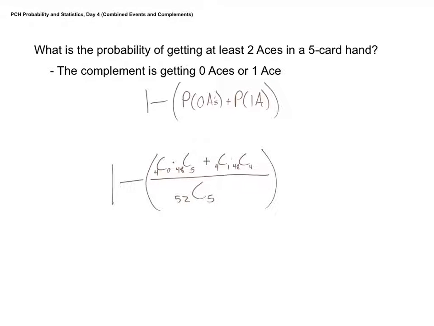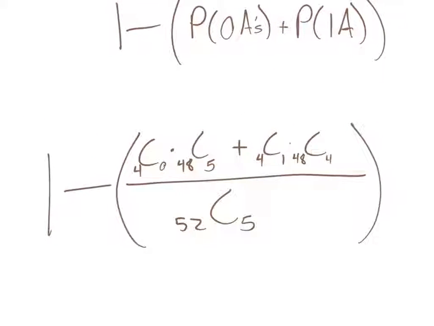Okay? Why is it 48 and a 4? Sorry, let me zoom in on that. Yes. Yeah. See, notice here, this is no aces. Okay? This is 1 ace.